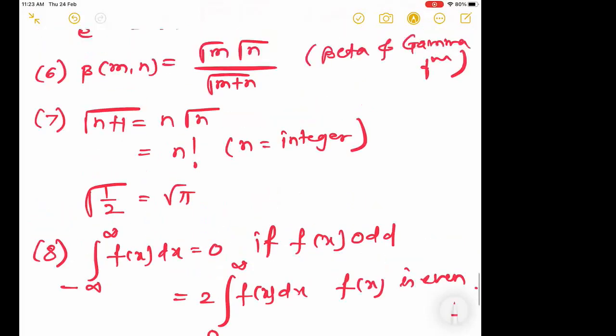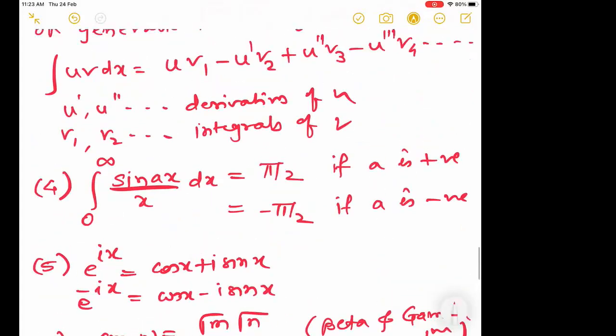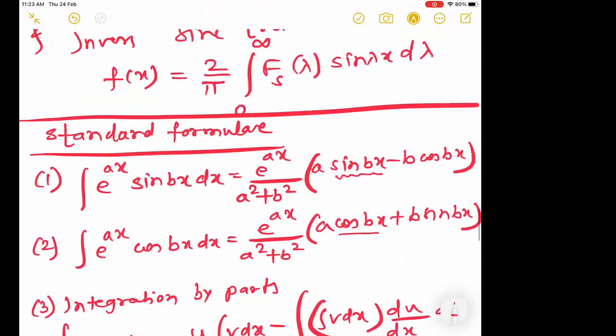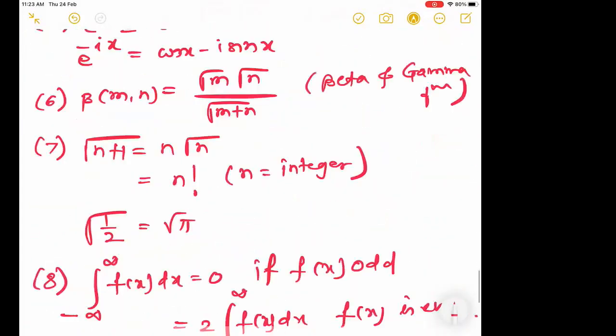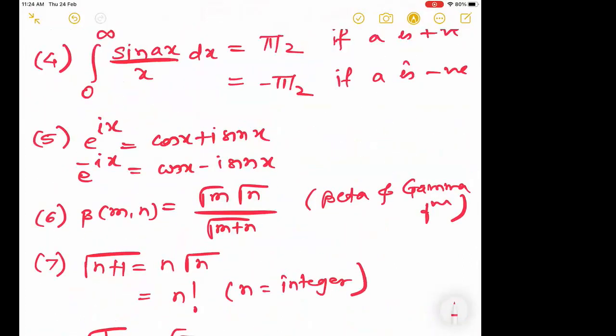So just note these results. Of course, not all will be required, but while solving examples of the Fourier transform, if we need, we can take the help of these standard forms to find the answer.